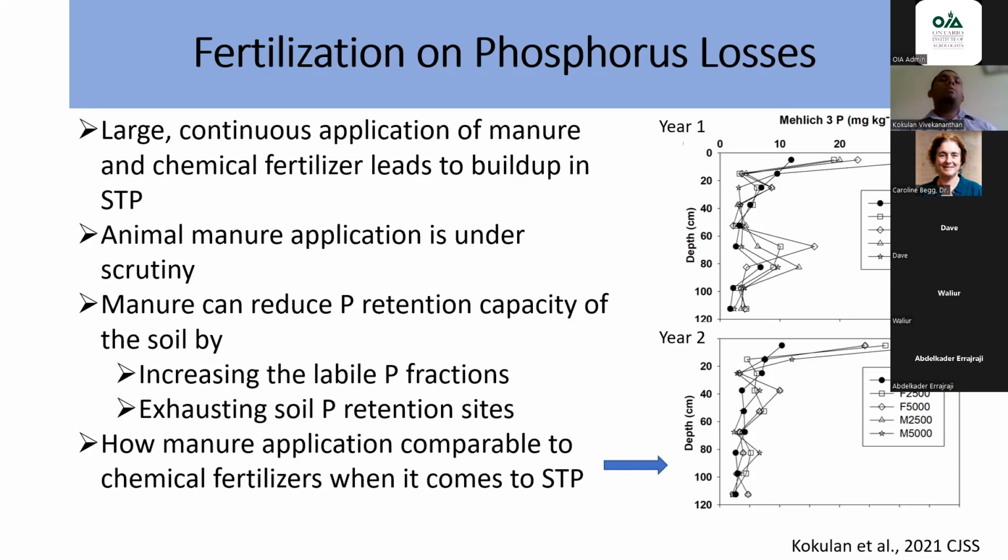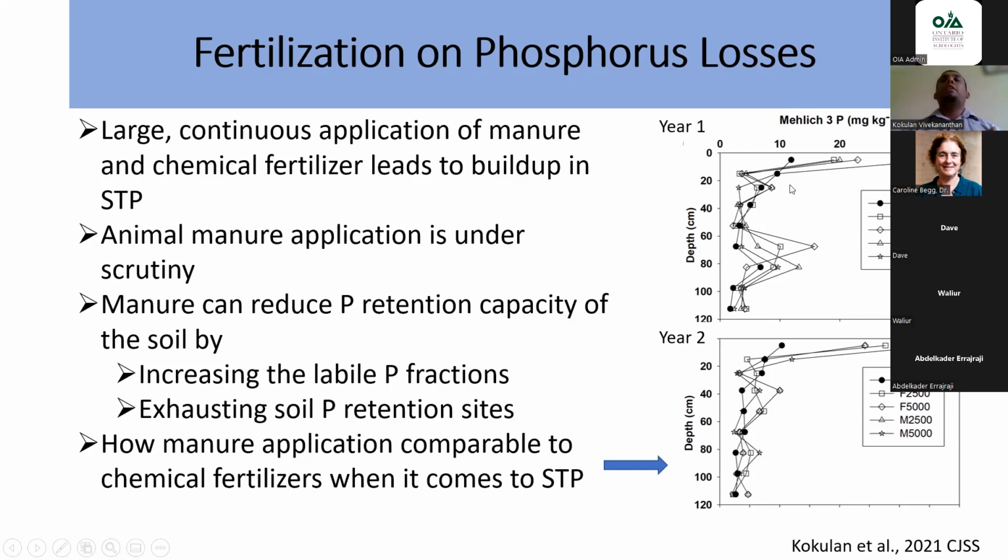So let's see how this manure application compares to chemical fertilizer when it comes to soil test phosphorus. In these 2-year studies, the researchers applied 4 different treatments: 2 fertilizer treatments, F2500 and F5000, and 2 liquid swine manure treatments, M2500 and M5000.